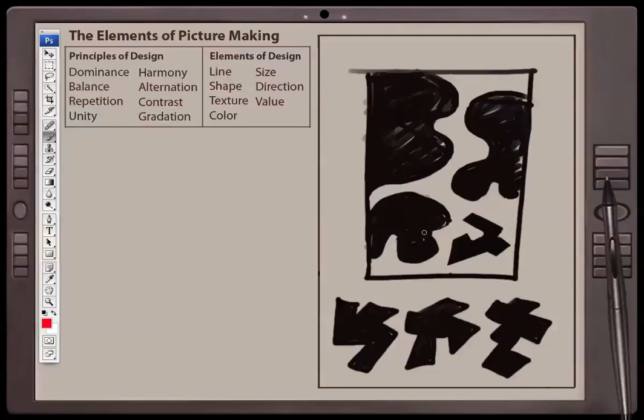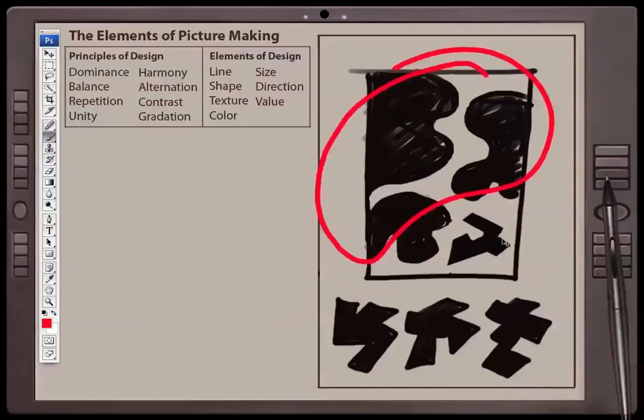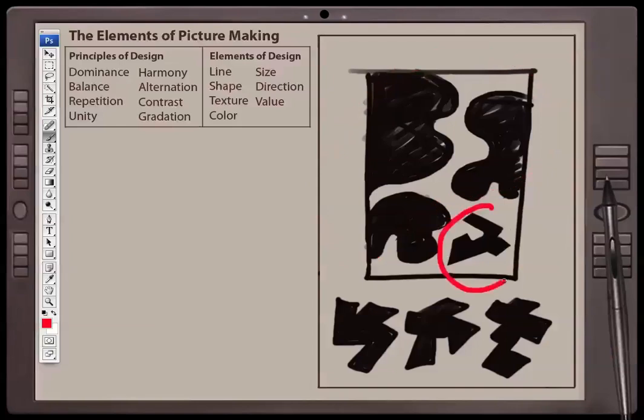So by repeating these curving shapes, just as I repeated the angular shapes here, and created more of these curving shapes through repetition than I did of this angular shape, I therefore have created dominance of shape. And this is how you get dominance of shape into your pictures. This is something that you need to practice over and over until you really are able to get dominance of shape into your pictures.